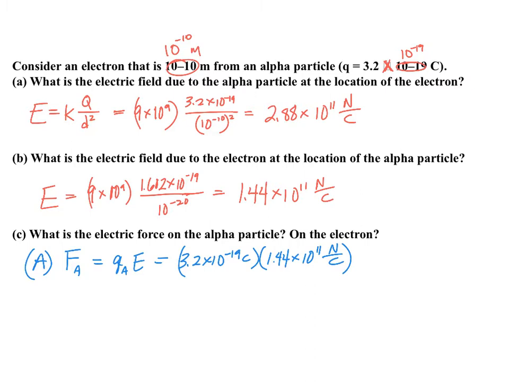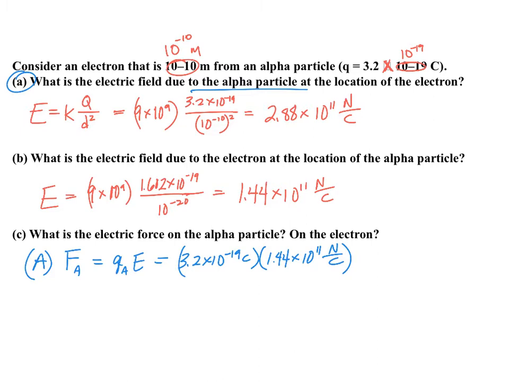So if we're talking about the alpha particle, the force will be the charge of that particle times the strength of the field that's acting on that particle, and the field that's acting on the alpha particle is the electron's field, not the alpha particle's field. No charge feels the force of its own field.